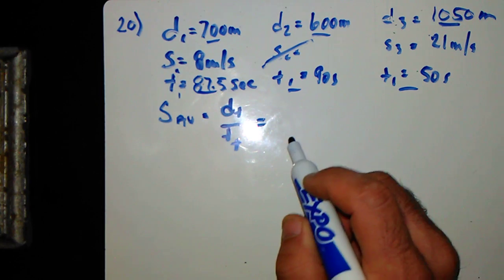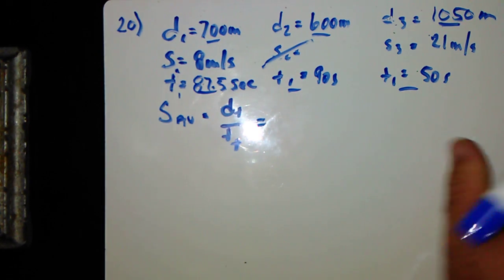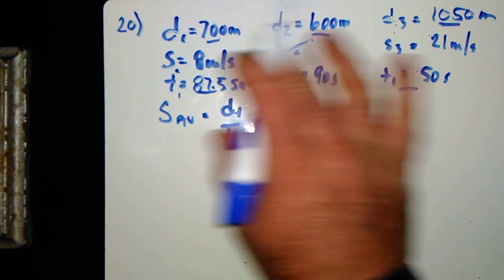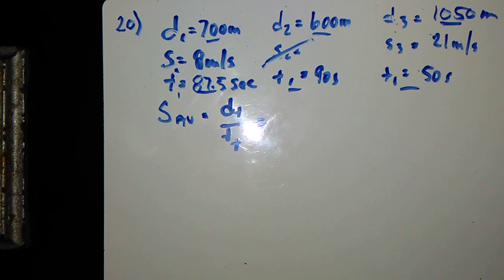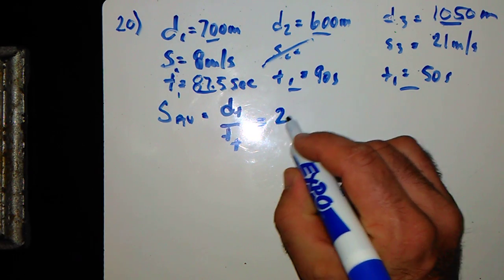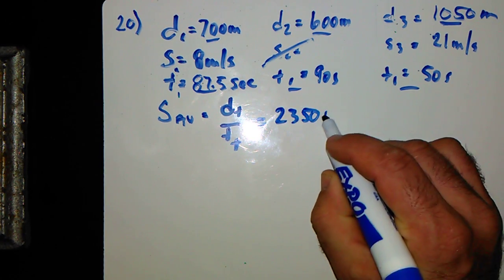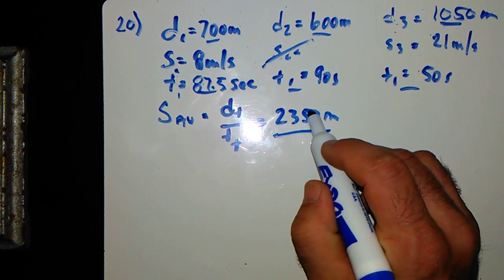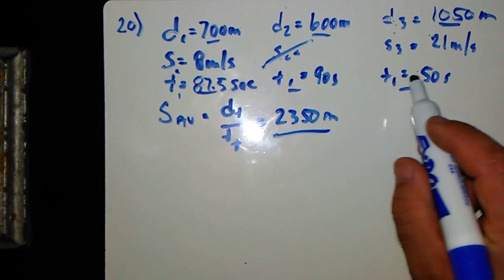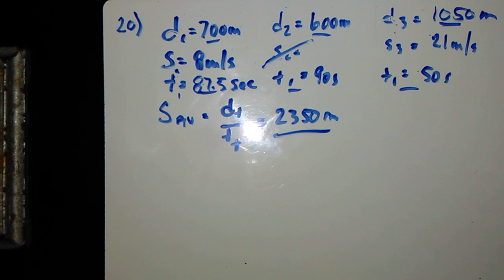So let's go ahead and figure it out. Total distance is the addition of these three. That's your total distance, and your total time would be the addition of those times.